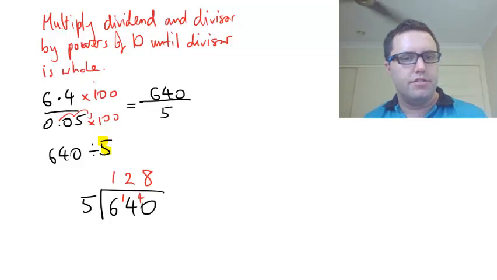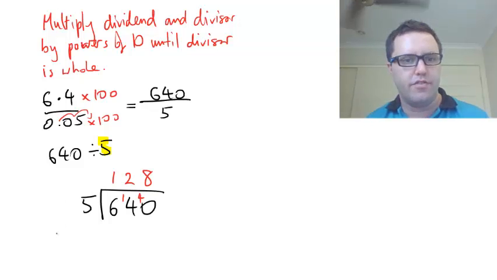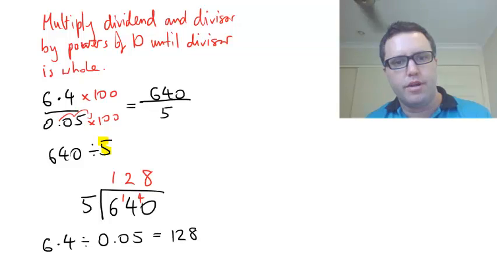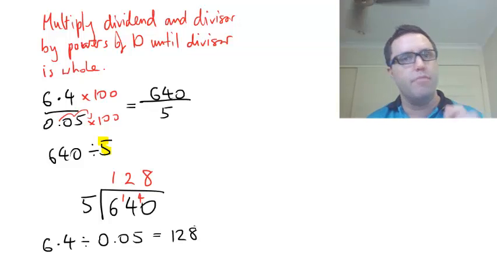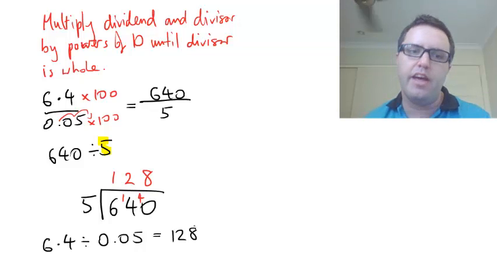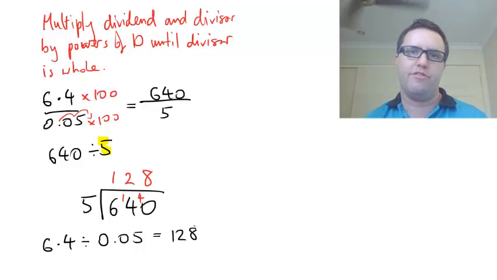So you can rewrite this: 6.4 divided by 0.05 is equal to 128. Now that might look weird, but remember, when we're dividing, it means how many 0.05s are there in 6.4? Well, there's 128 of them.